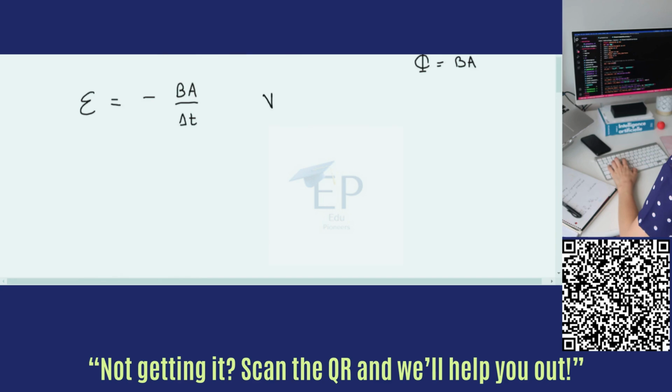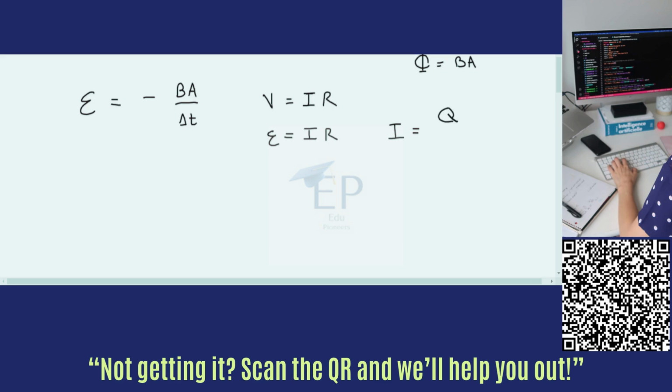So Ohm's law states that the voltage drop across a resistor is related to the current flowing through it, E equals IR. And our voltage in this case is just our induced EMF. So we have E equals IR. Now the I in this E equals IR, the current, we know to be a charge per amount of time, right?